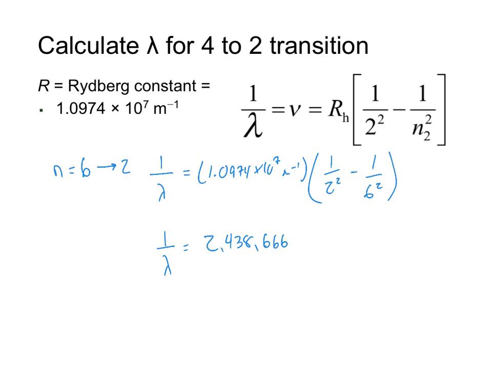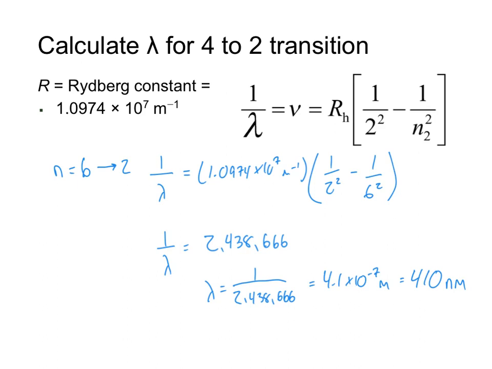And so then our wavelength is going to be 1 over that, or 4.1 times 10 to the negative 7th meters, which is equal to 410 nanometers, which is approximately the wavelength of blue light.